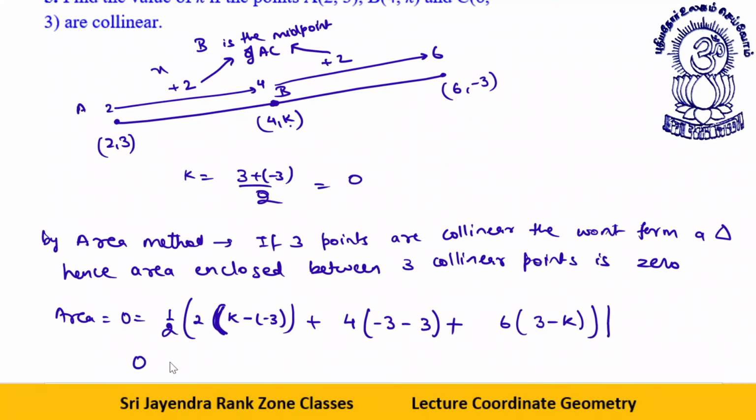So I can say this 2 goes over here, 0. This is the modulus sign actually right now. So this is 2k, this is k plus 3, so it becomes 2k plus 6, minus 6 plus 4 is minus 24, plus 18 minus 6k.